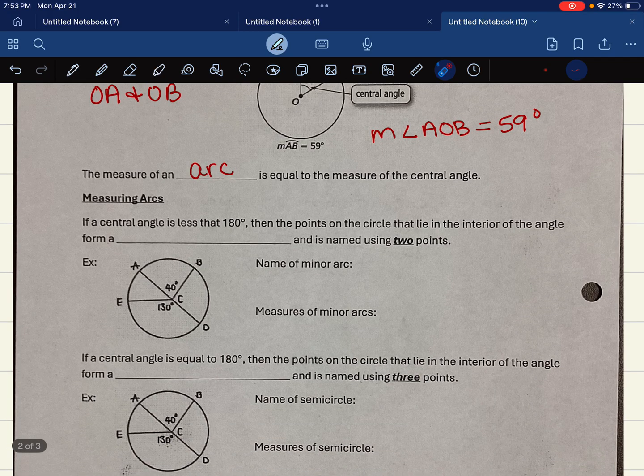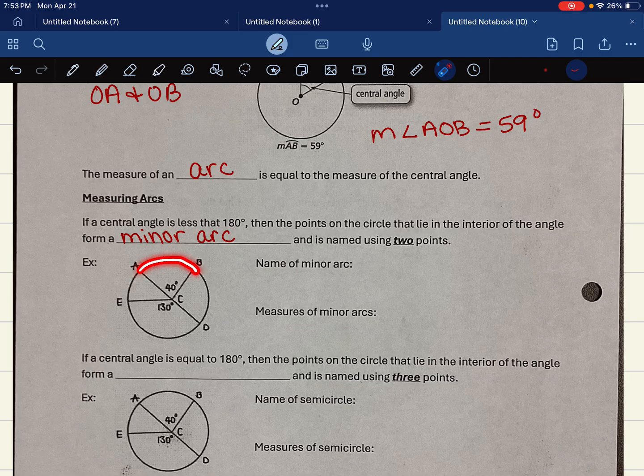So here's how we measure arcs. If a central angle is less than 180 degrees, then the points on the circle that lie in the interior of the angle form a minor arc. Those are named using 2 points, right? So what we're going to do is start here at AB, and work our way around.